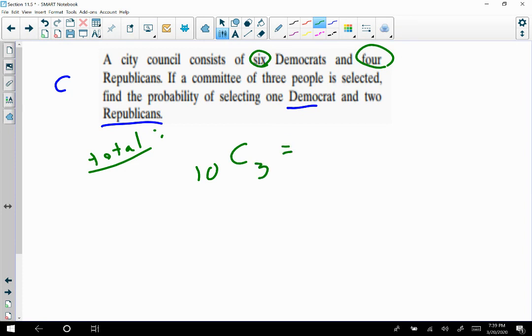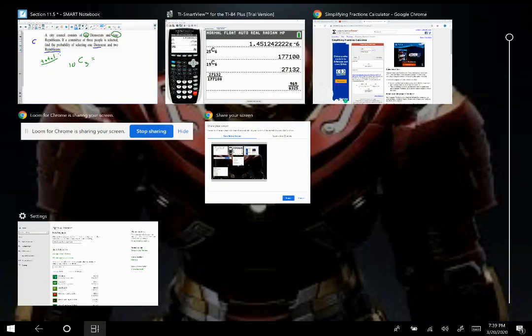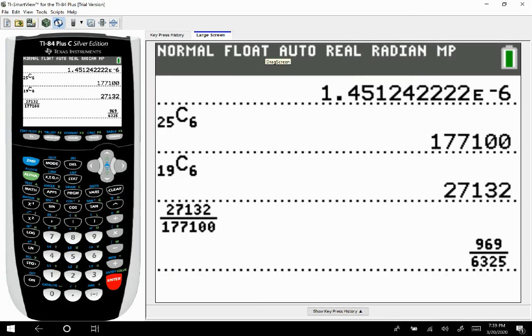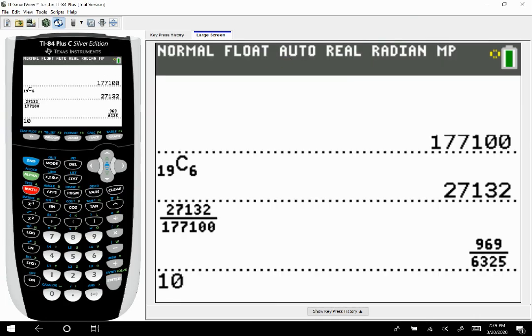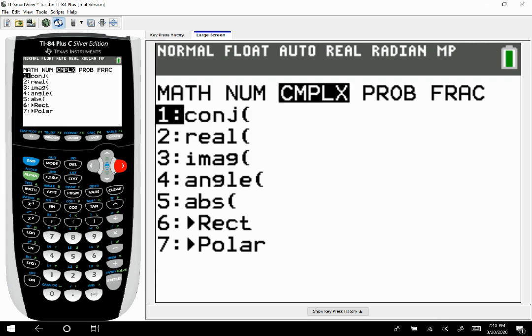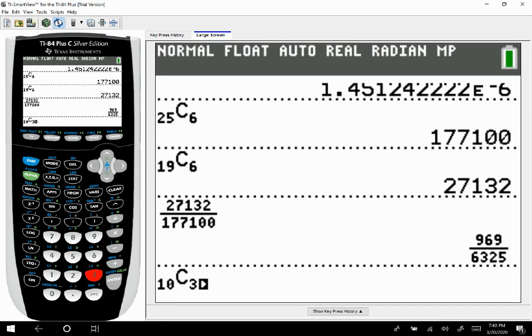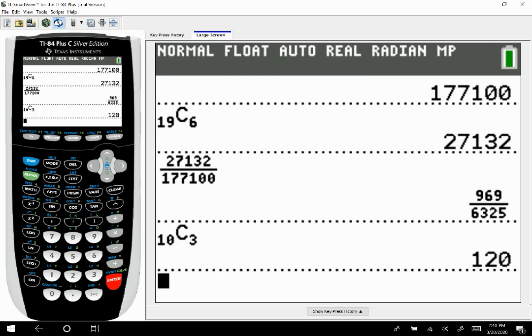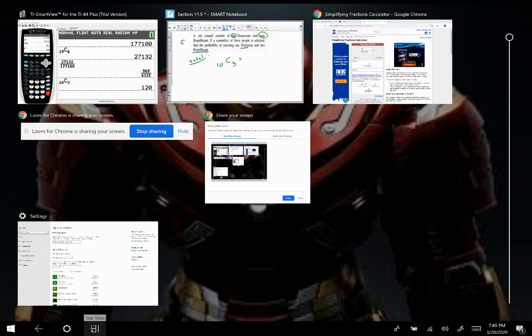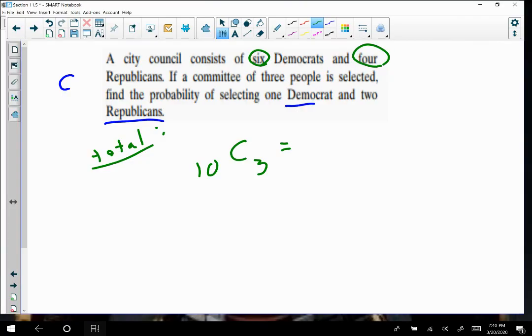So we're going to run a 10 choose 3. Let's go to our calculator, 10, math, choose 3. And there we go. So there are 120 ways that we can choose a committee of 3 from 10 people.